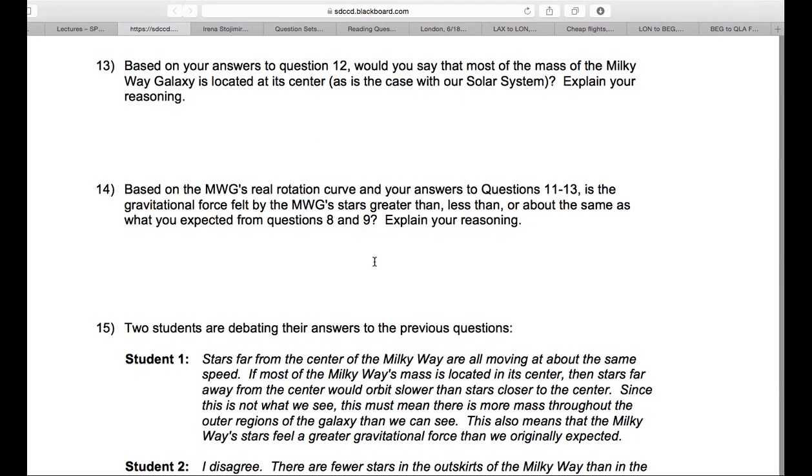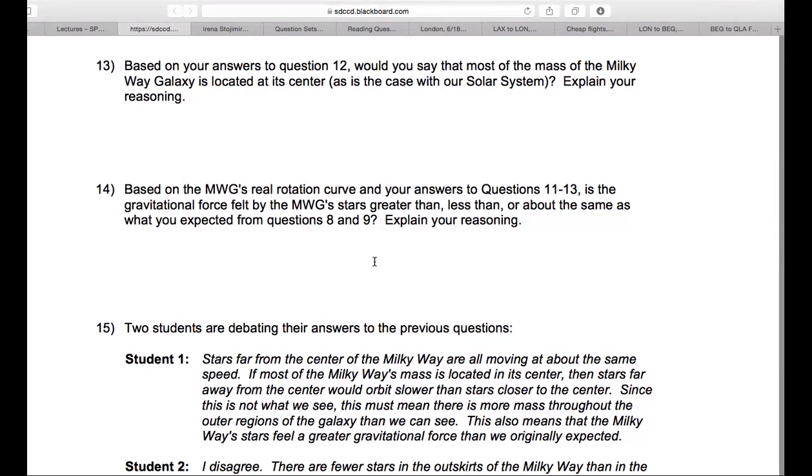But the distance is increasing. So based on distance, you would expect that the force of gravity would decrease. The fact that it's not tells you that there is more mass than we can see, right? Because we know that the force of gravity depends both on the mass inside of the orbit of a star and the distance.